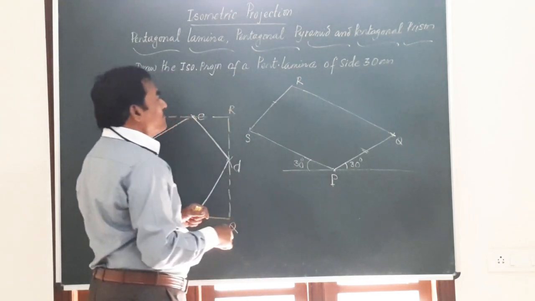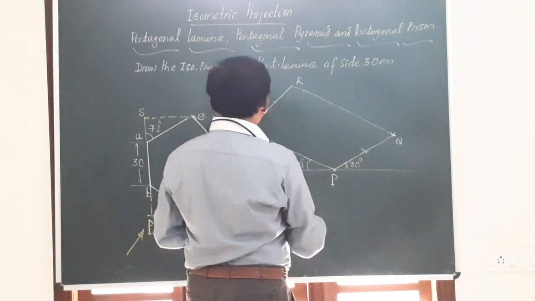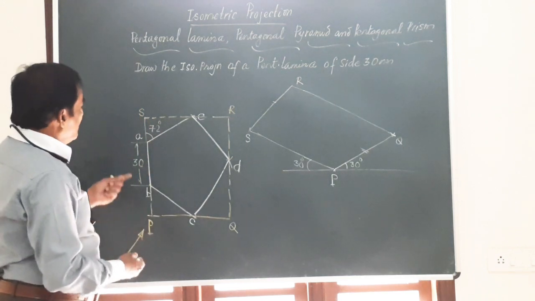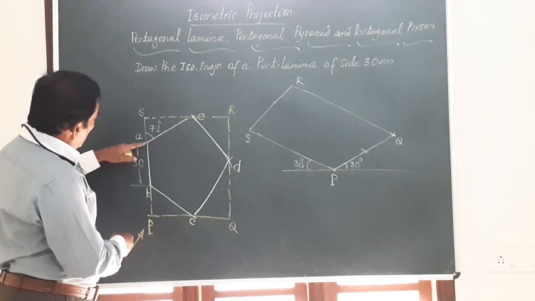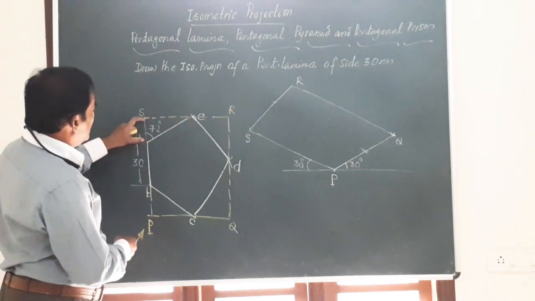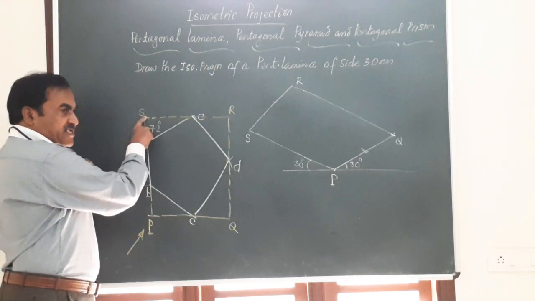Now in this figure, the rectangular box you have got, we are supposed to get the isometric projection of this. Friends, if you observe this, the corner A is closer to S at this distance. So take this measurement. What is the measurement you get here?